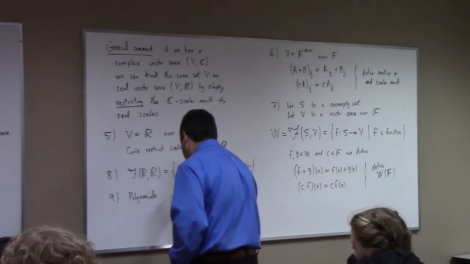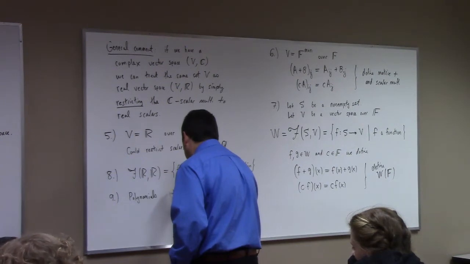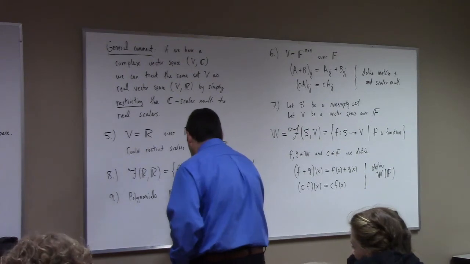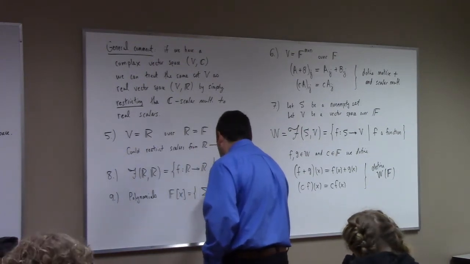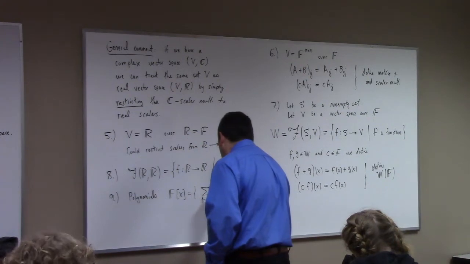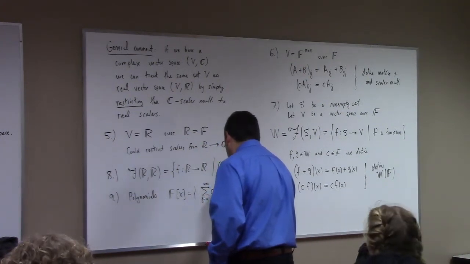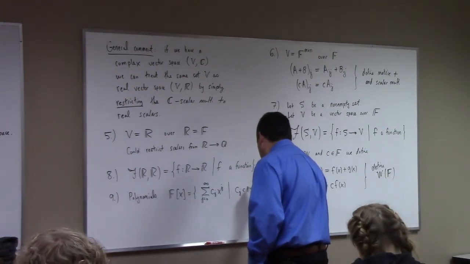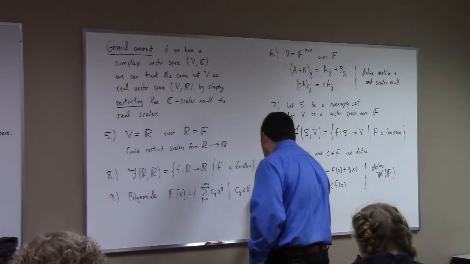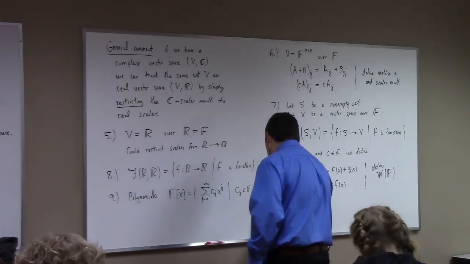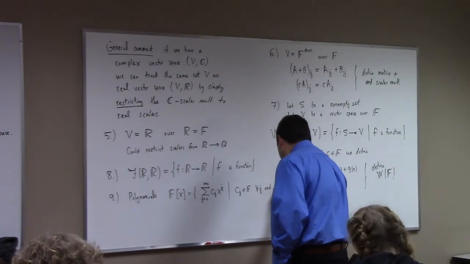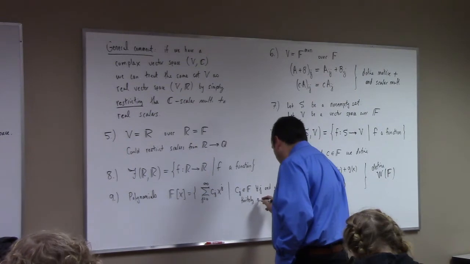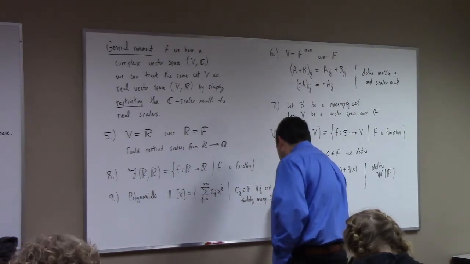So polynomials, notation here, F bracket x is the set of, let's say, the sum from j equals 0 to infinity of c sub j x to the power j such that cj is in the field for all j and only finitely many cj non-zero.